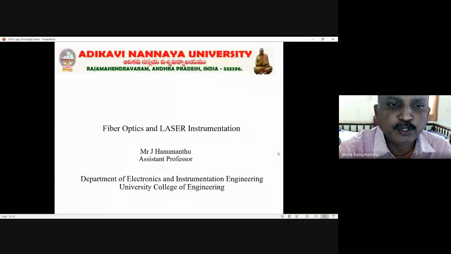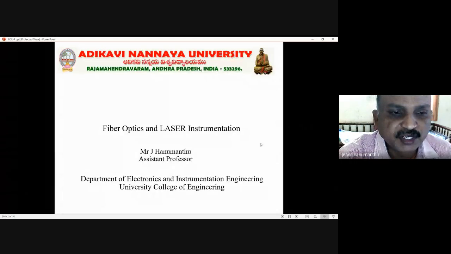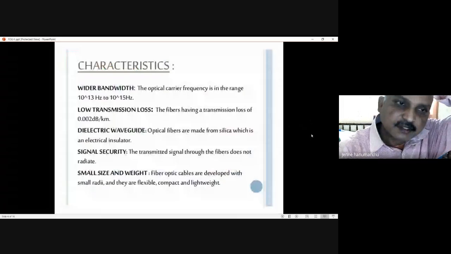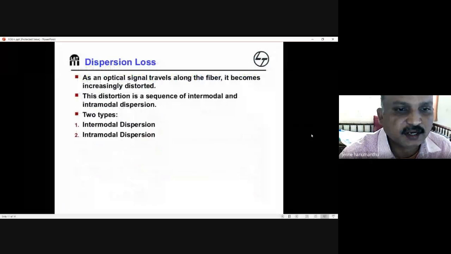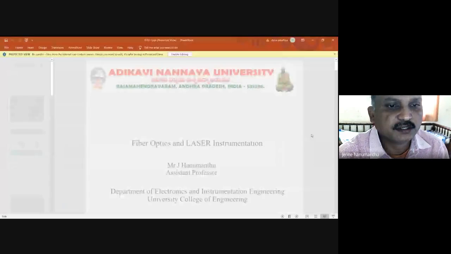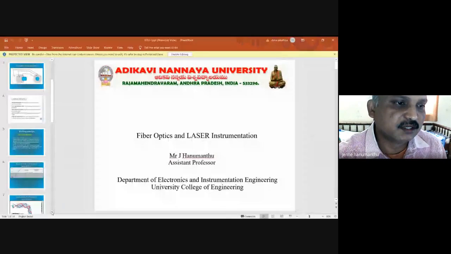Before going to losses, we will see a simple diagram. Please share that diagram, the fiber types diagram.